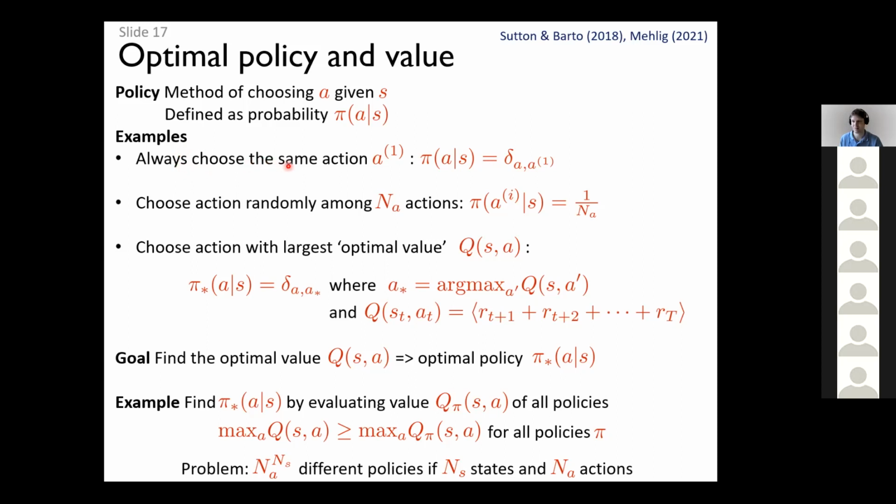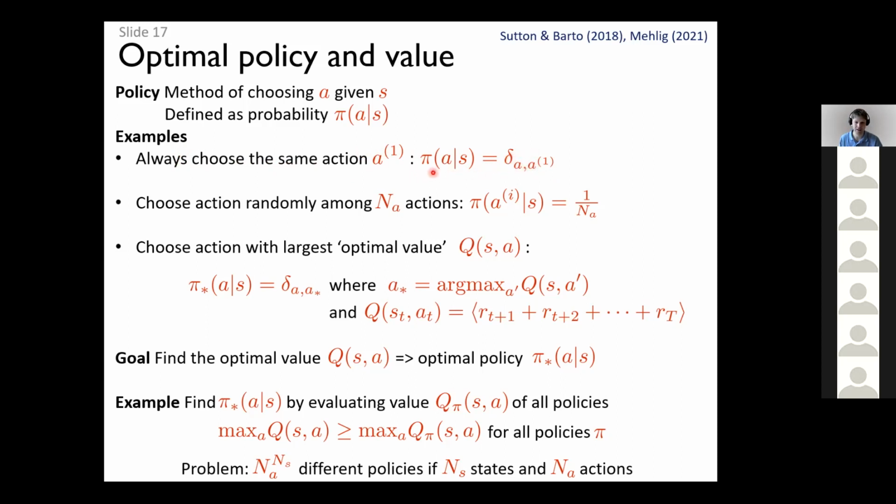So this is a deterministic policy, and we can write it as just delta A1. So if we always take the action A1, then the policy is just a Kronecker delta function if we have discrete actions. Otherwise, it would be a Dirac delta function if we have continuous actions.